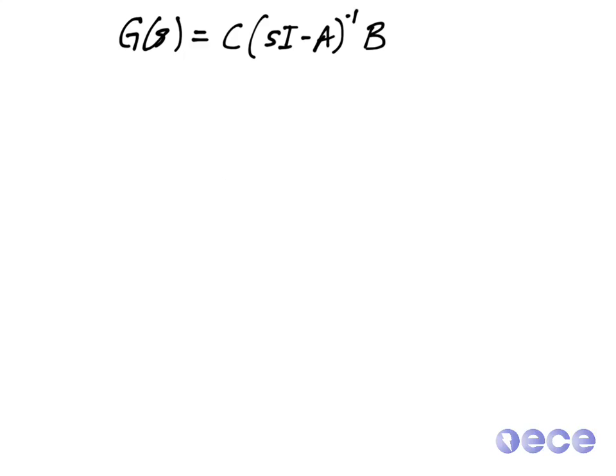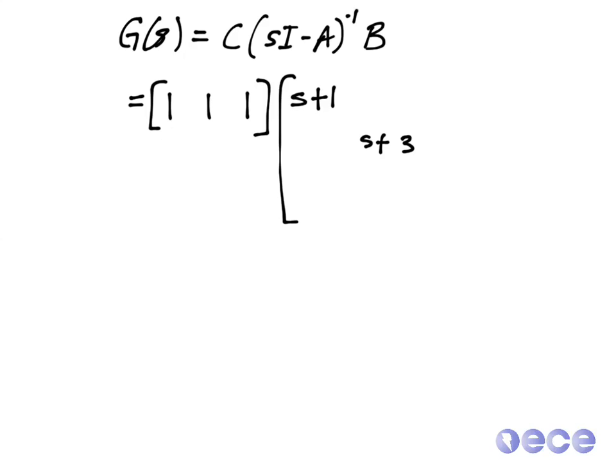So with this definition now, I'm going to take the matrices that I have. C is equal to 1, 1, 1. I have to find (sI minus A) inverse, which is actually not that hard, because (sI minus A) inverse is just going to be diagonal with s plus 1, s plus 3, and then s plus 6.